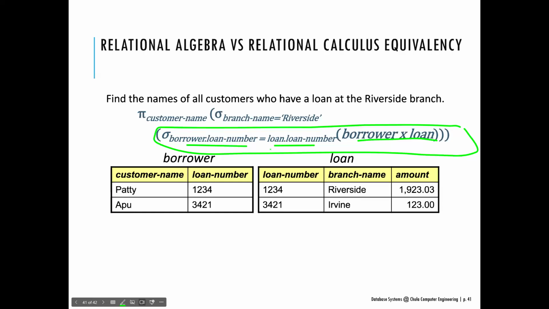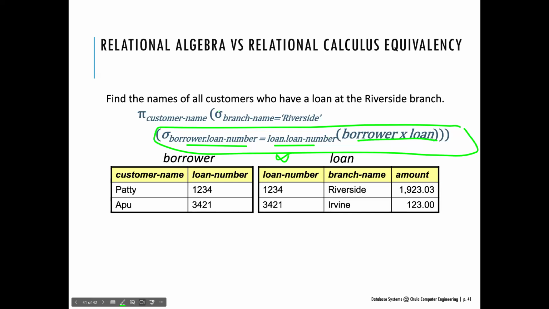I can only say loan number, and then it will look at both sides to match the loan number on both sides, right? Can I say natural join without saying anything? I can, right? Because it will look at the pair with the same name. It says, oh, loan number is the same on both sides, then let's join loan number on both sides. All right, this is the difference.